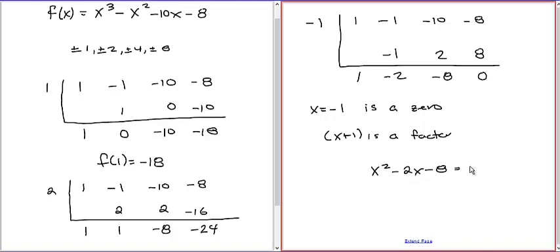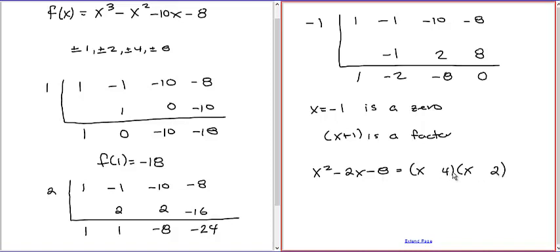And if we're lucky, we can factor that, which we can. If it didn't jump out at us, then we could use the quadratic formula or completing the square. So what two numbers multiplied together give us 8, whose difference is 2? And the answer is 4 and 2.